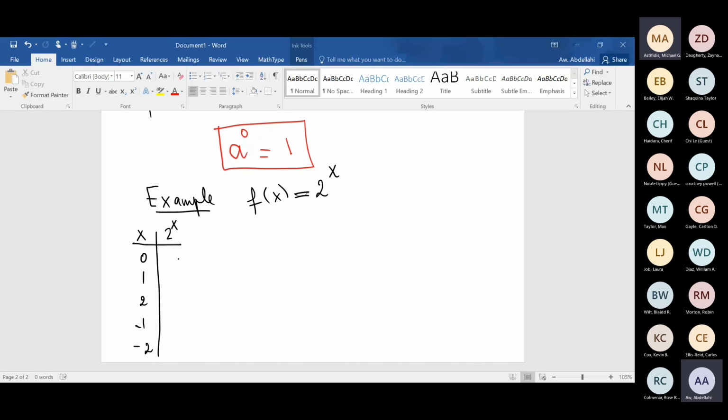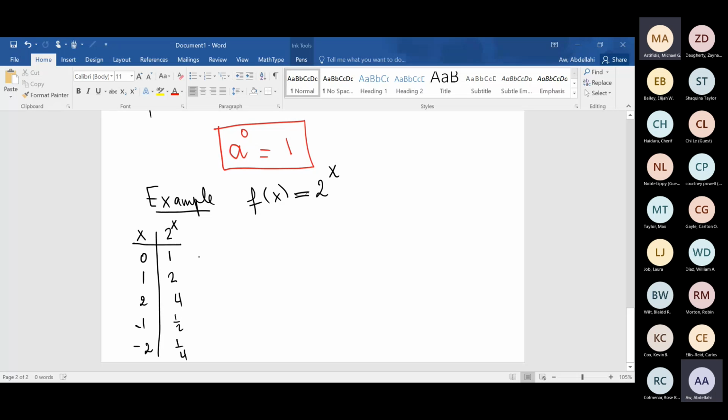All right, go ahead, please. How much is f of 0? When you plug in 0, you get what? F of 0 is 1. F of 1 is 2. F of 2 is 4. F of -1 is 1 over 2. And f of -2 is 1 over 4. Thank you. All your answers are correct.